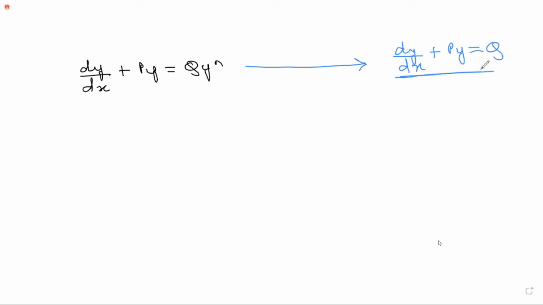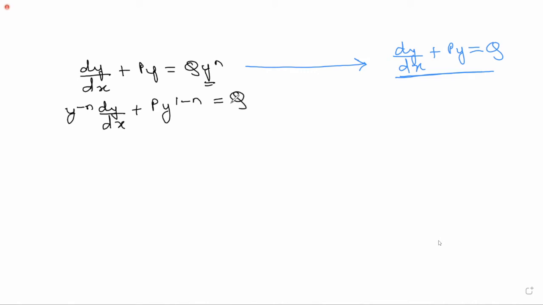This is the objective. For that, the first step is to divide both sides by y raised to n. So I can write y raised to minus n dy by dx plus p y raised to 1 minus n is equal to q.